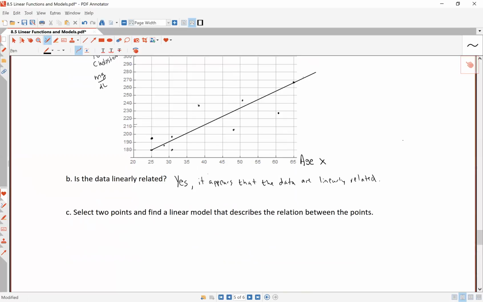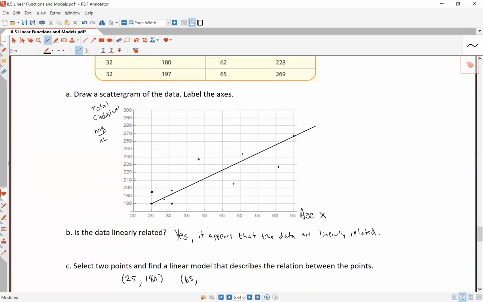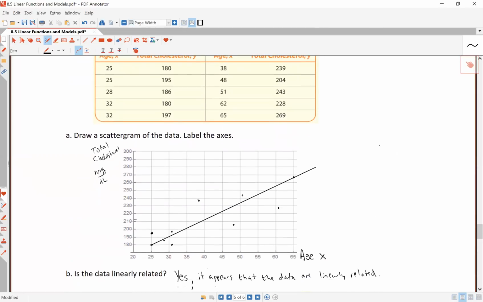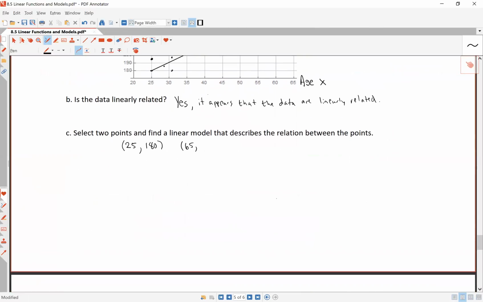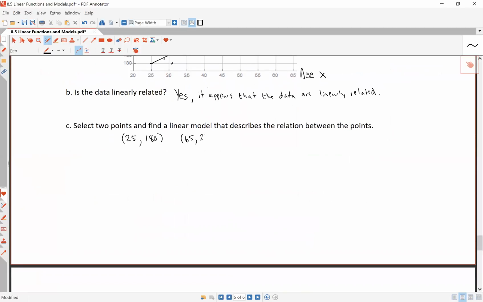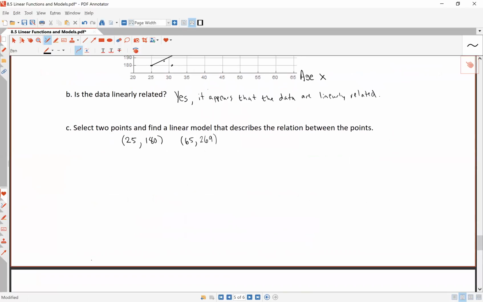We selected our 2 points, (25, 180) and (65, 269). So now we need to find the linear model that describes the relation between these 2 points.